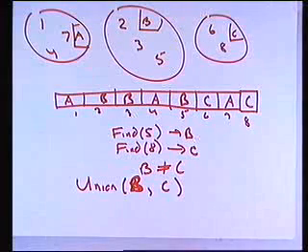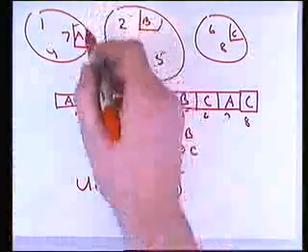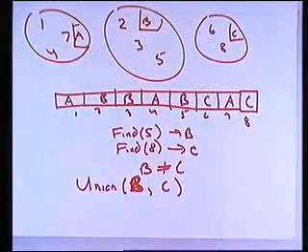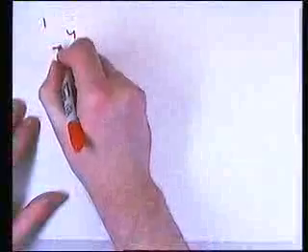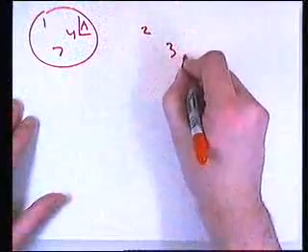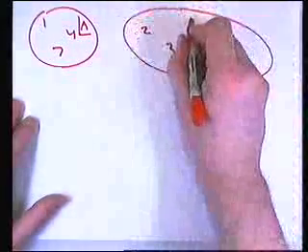If I'm going to merge B and C together, let's just say we're going to give it the new name D. What I'm essentially doing is saying those two sets are going to be part of one set. So if I draw this again, we had sets 1, 4, and 7, and here's set A. And now we'll have 2, 3, and 5, and 6 and 8, and these will all be some new set D.